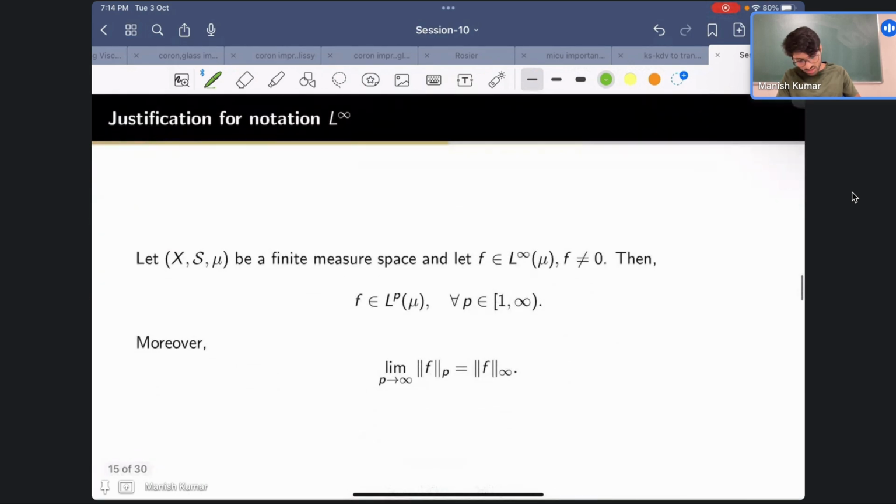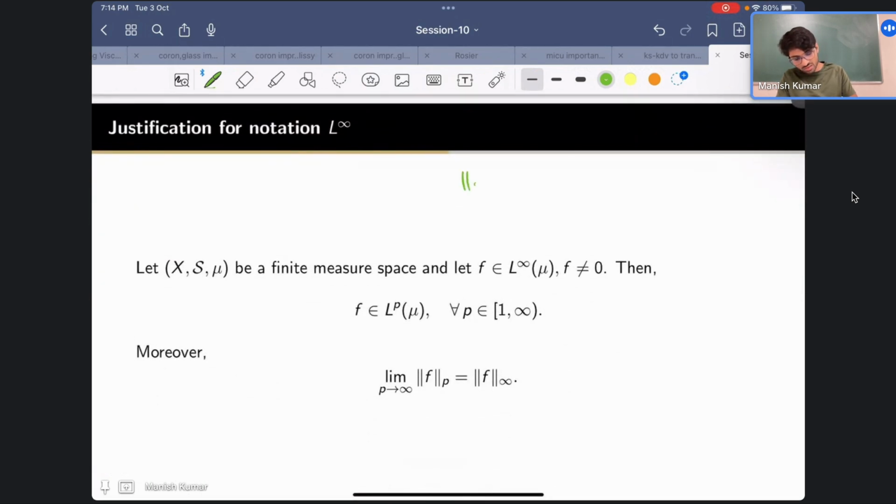Initially I was saying, why are we denoting the infinity norm as the supremum of this thing? When p was finite, we defined the norm as the integral of |f|^p to the power 1/p.